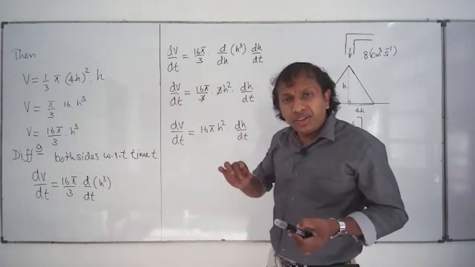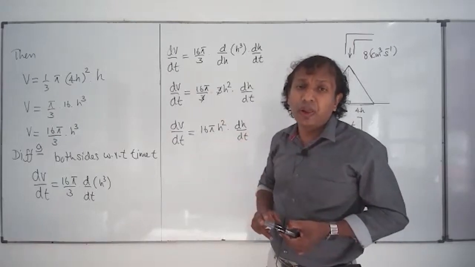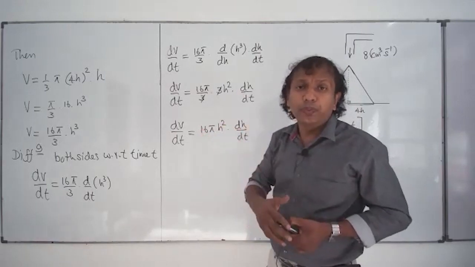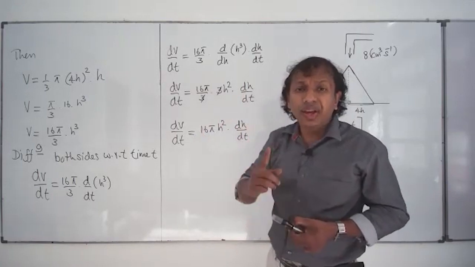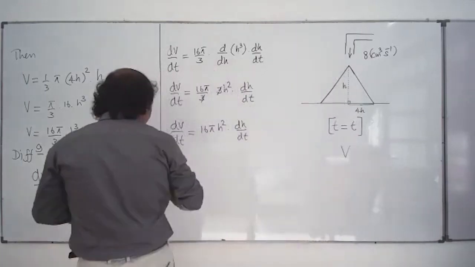That means, people, the rate of change of volume of the sand cone is 8.